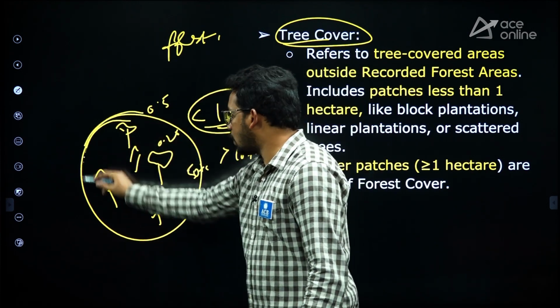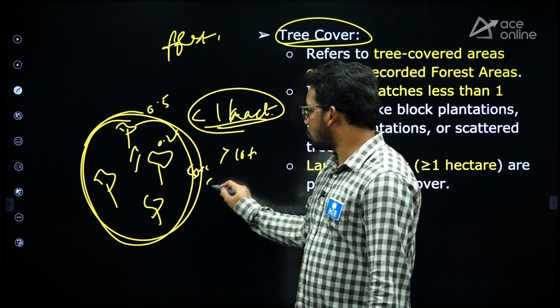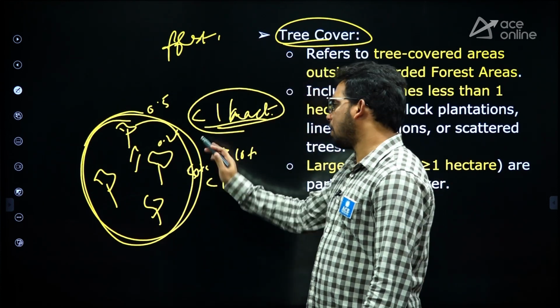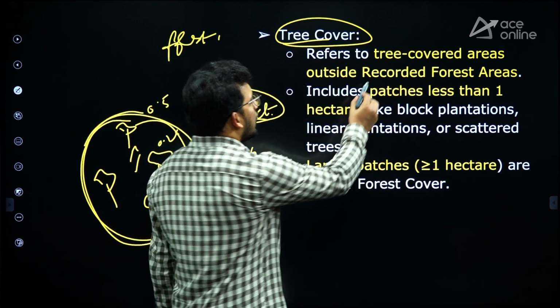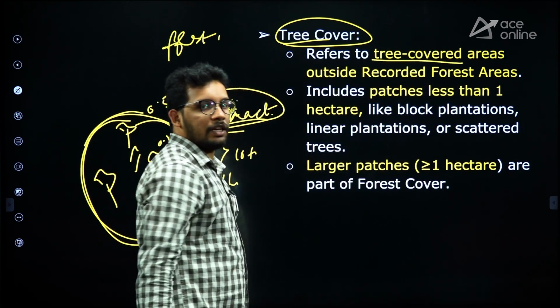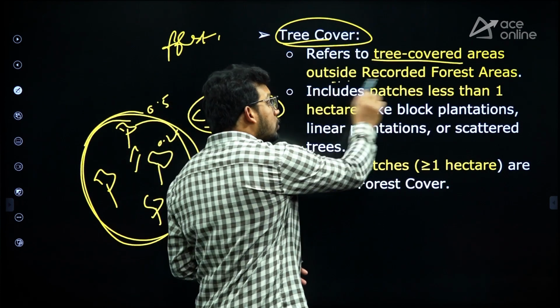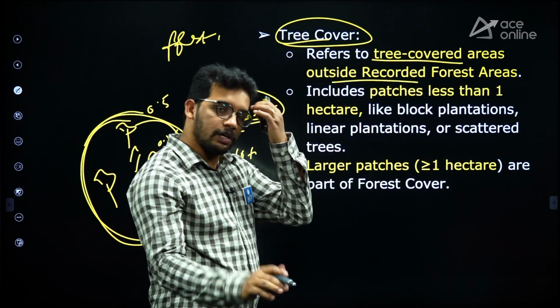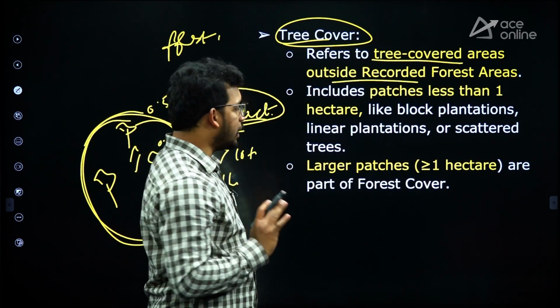So tree cover means whichever is not recorded as a forest. The land should be less than 1 hectare. Basically the tree covered areas are those having trees, the green cover outside the recorded forest, not recorded in the government at all. So those are considered as tree cover, right?